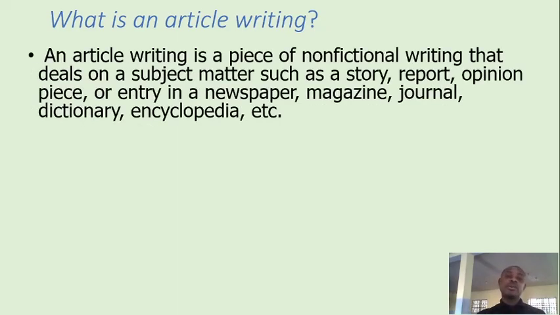Article writing is a piece of non-fictional writing that deals with a subject matter such as a story, report, opinion piece, or entry in a newspaper, magazine, journal, dictionary, encyclopedia, etc. Meaning that this piece of writing is not fiction. They are real to life.